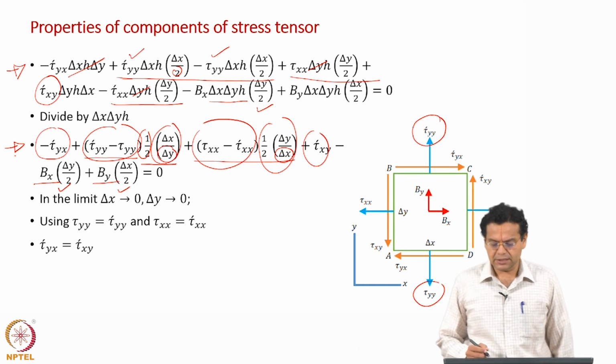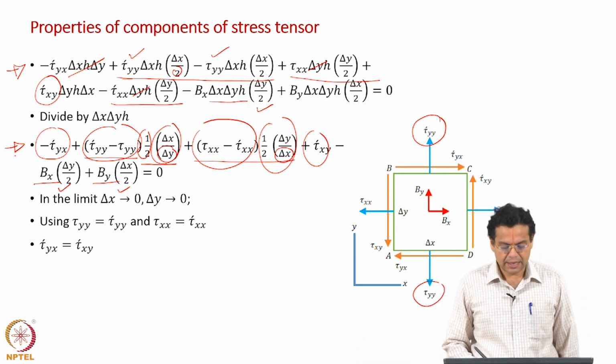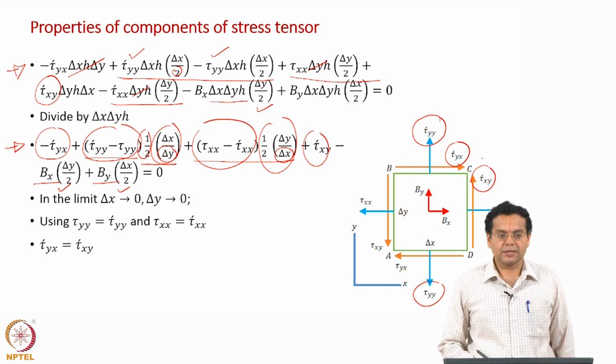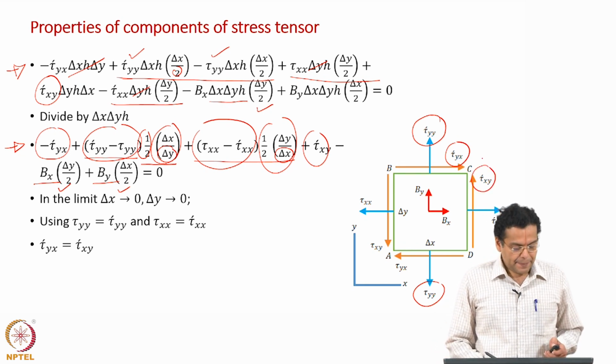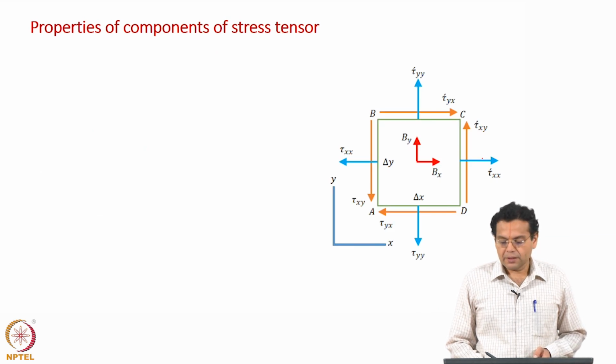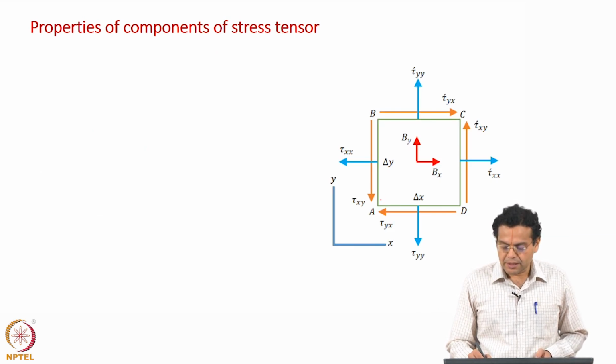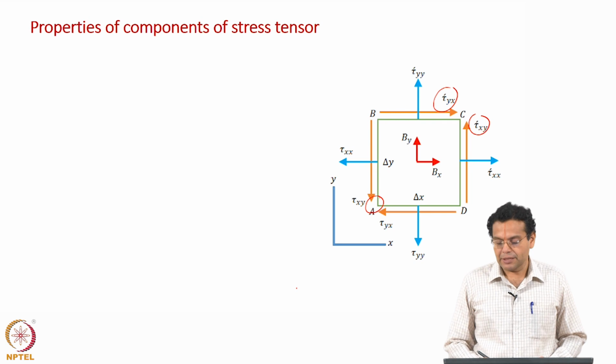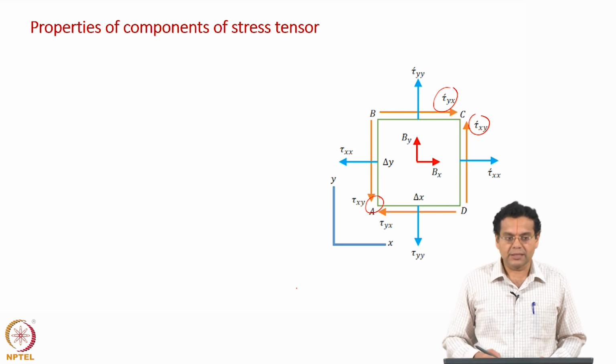tau dash x y. What does it mean in terms of this diagram? Tau dash y x is equal to tau dash x y. Okay. Now we have taken this moment about A and proved that these two are the same. So by intuition we can say that to prove the others we should correspondingly take moments about other axes.